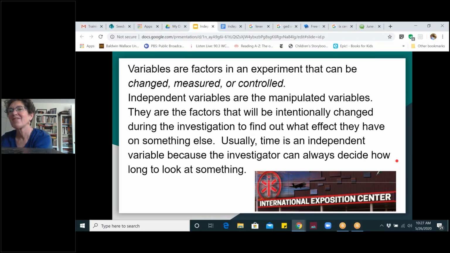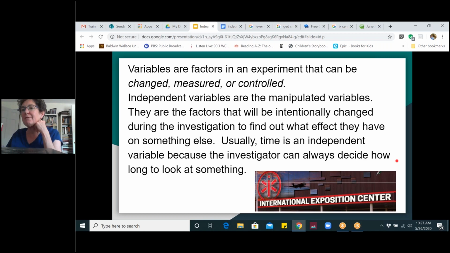You go over, then up, or down. So you're going to graph your independent variable on the x so you can see what kind of change there is on the y-axis.